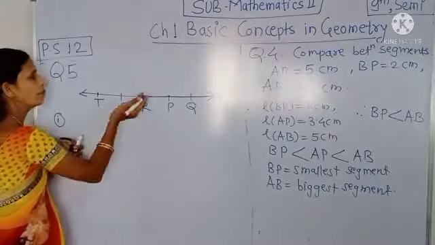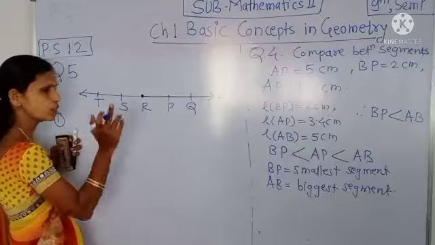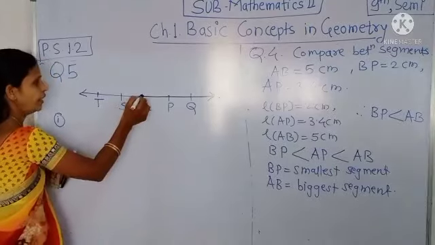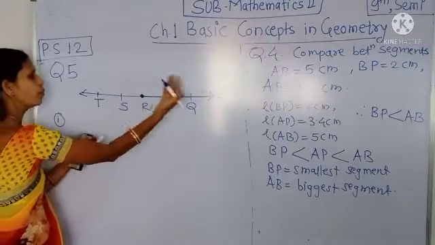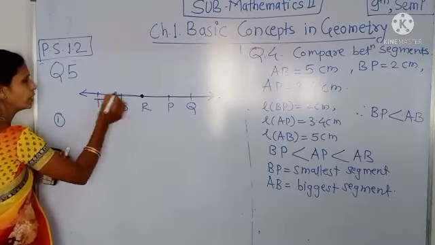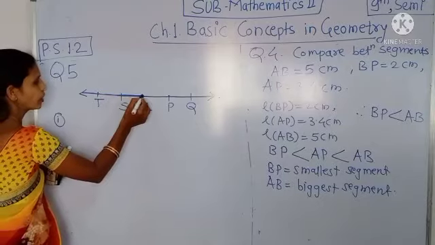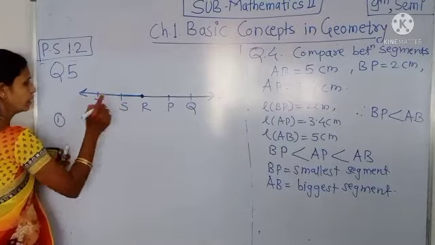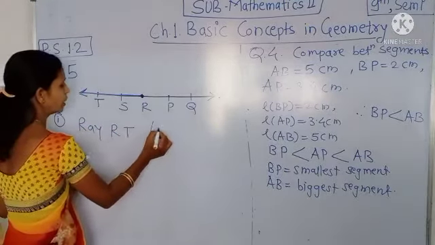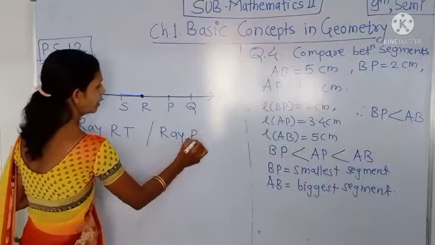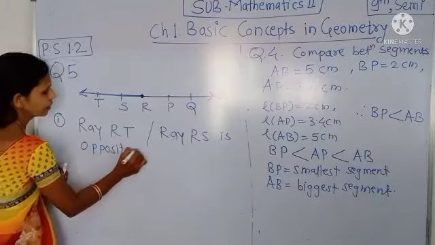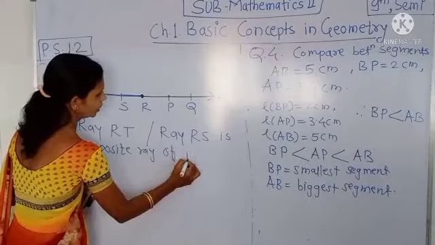The opposite ray of RP also has the common endpoint R, and has the direction opposite to ray RP. Therefore ray RT, or we can say ray RS, is the opposite ray of ray RP.